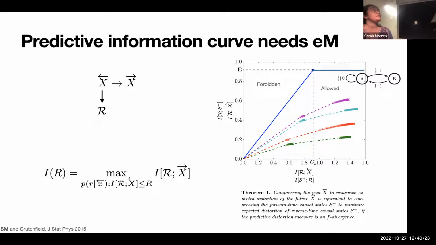Now, of course, you could say, well, we could have gone to higher and higher L and L prime, but you encounter a curse of dimensionality that gets worse and worse for more and more complicated hidden Markov models. The reason is that as you increase L and L prime, the number of trajectories you have to deal with grows exponentially. So you have a hard computational problem there. So this turned out to be very useful for computing these predictive information curves.